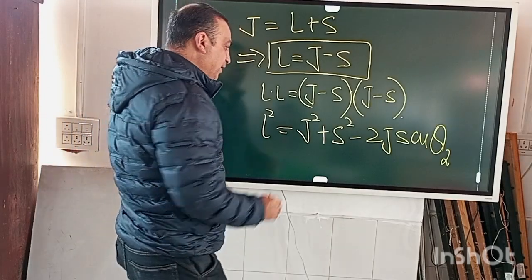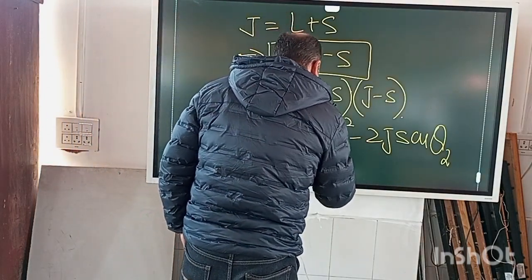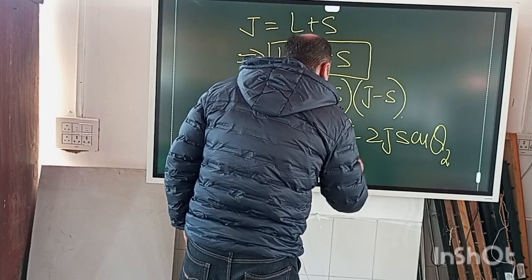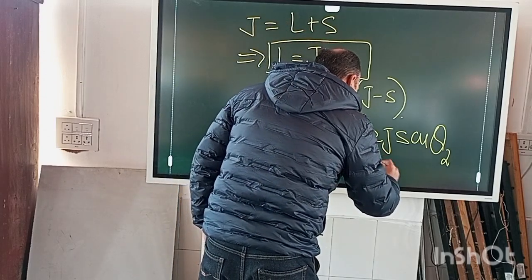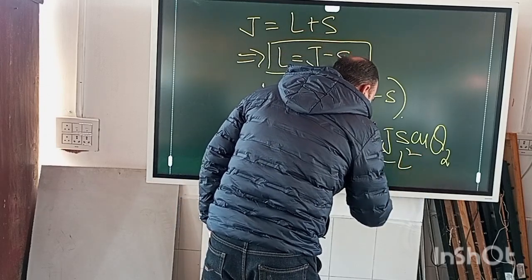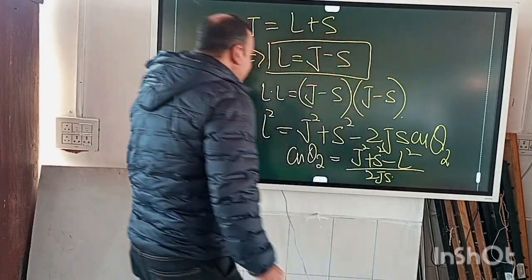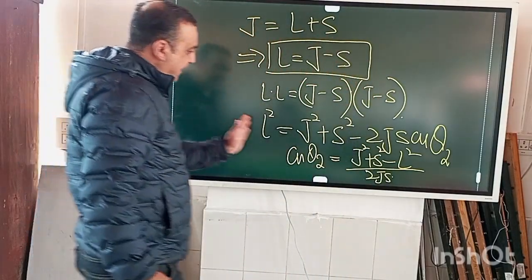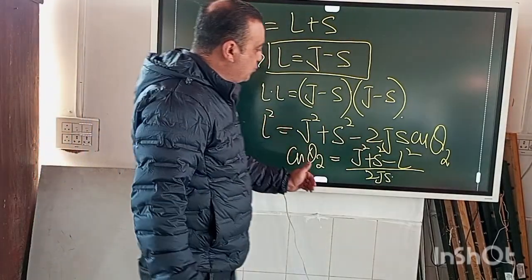So from this equation I can calculate this cos theta 2. This cos theta 2 is going to be J square plus S square minus L square divided by 2JS.